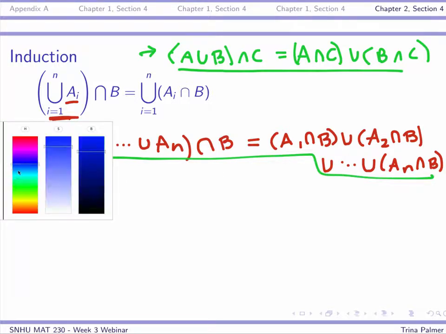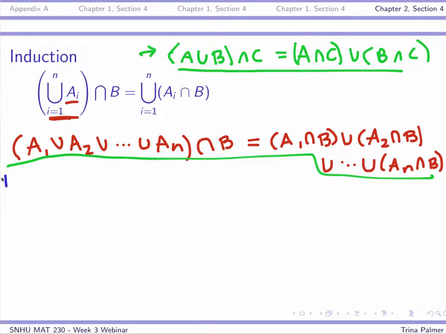So as with induction, we're going to start with our base case. We want to show it's true for n equals 1. So I'm going to plug in 1 for n. That means my big union is going to go from 1 to 1, which means that is just A1.